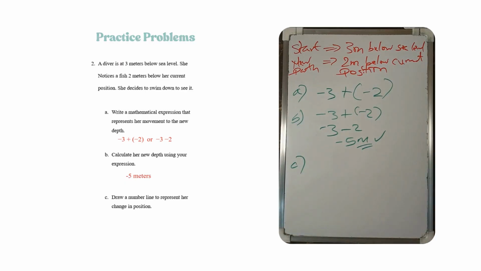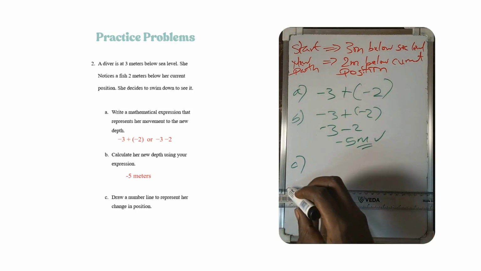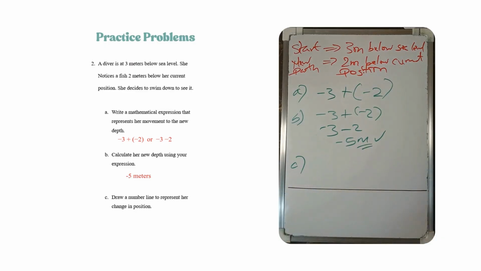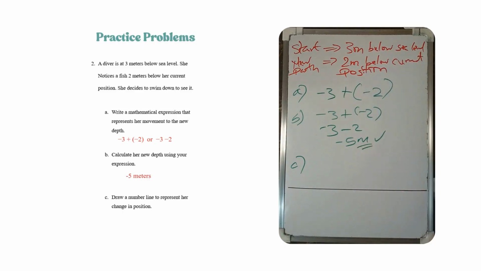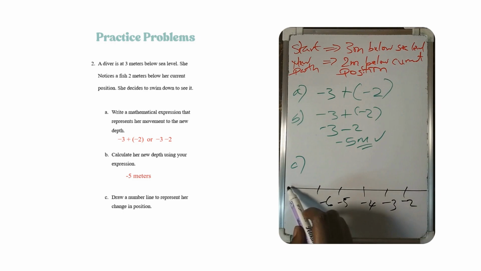Now draw a number line to represent the change in position. Let's sketch the number line. Our number line is going to start from negative 3 and end at negative 5. So let's mark negative 3, negative 4, negative 5, negative 6, and this continues.